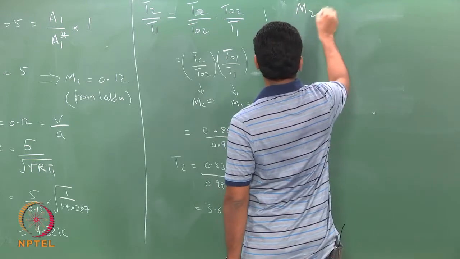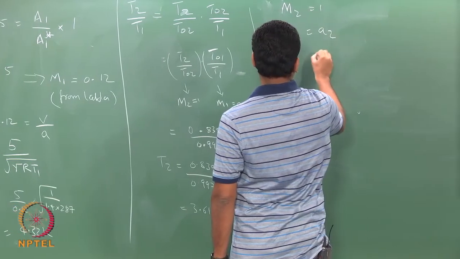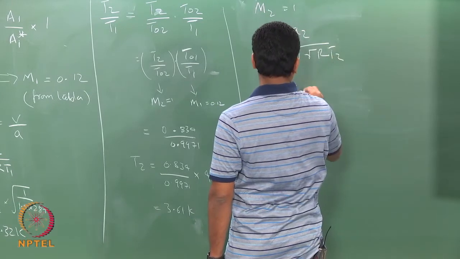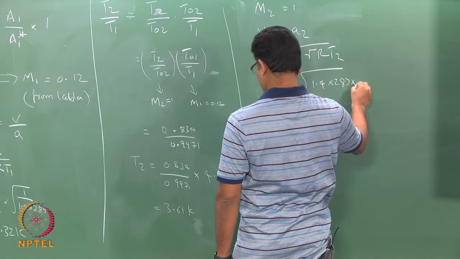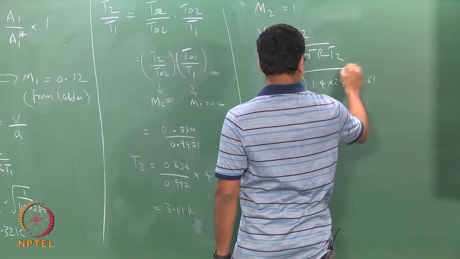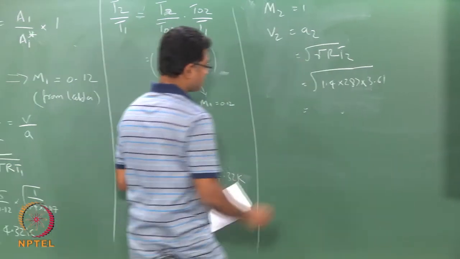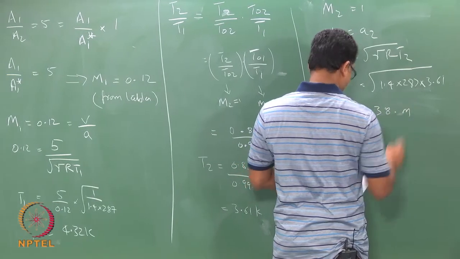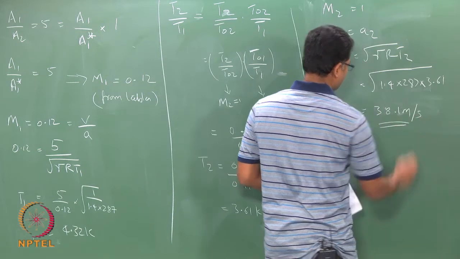So, M2 is 1. So, your V2 is a2, which is root of gamma R T2, which is root of 1.4 into 287 multiplied by the temperature just now we found, and your V2 is going to be approximately 38.1 meters per second.